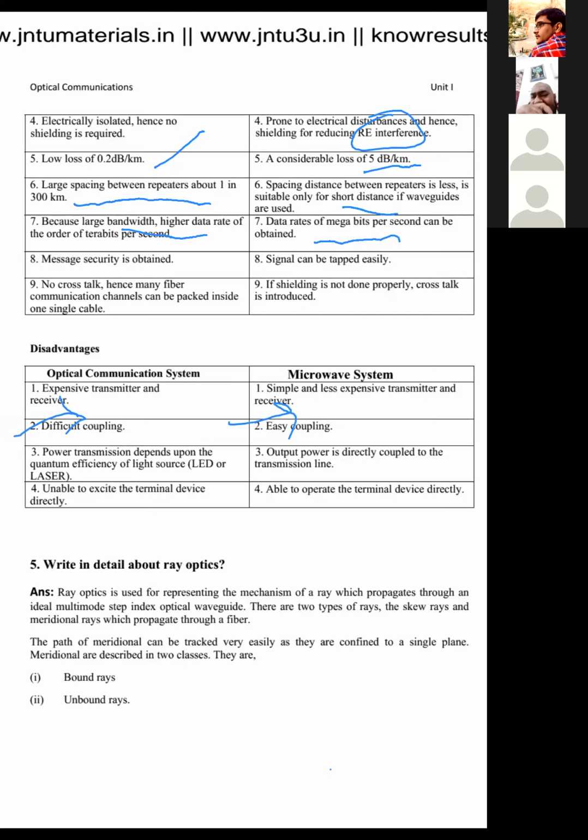Here power can be transmitted using LED or laser. There it is directly coupled to a transmission line. We cannot excite the terminal device directly here. There we can connect it directly.